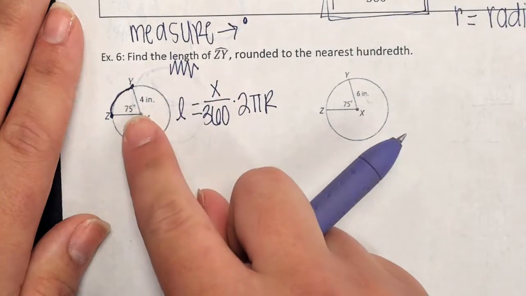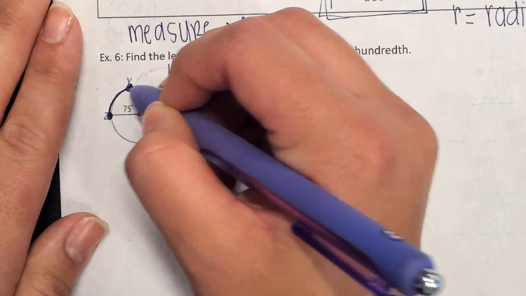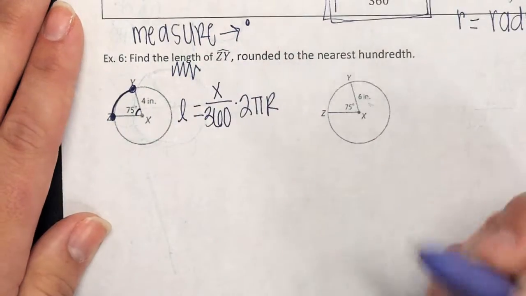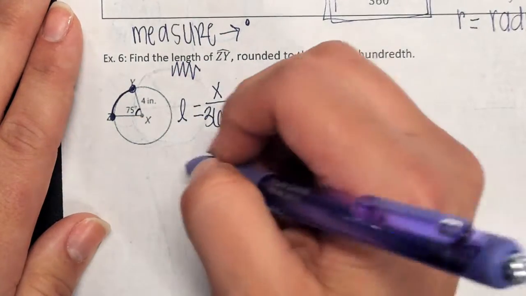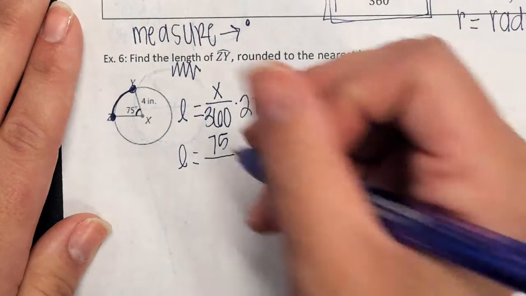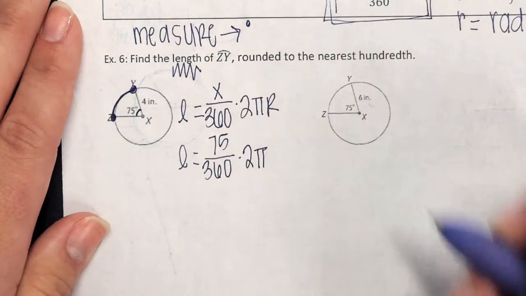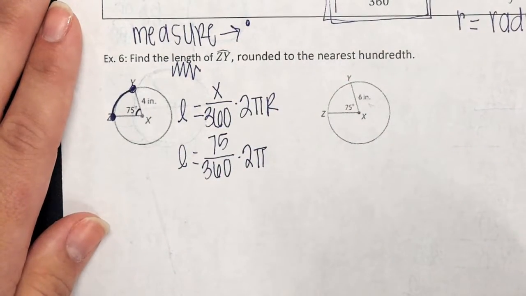X is the degree of this angle. So if we're finding the arc of ZY, I need to take the angle that's inside. So how many degrees are inside? So 75 takes the place of the X. 75 divided by 360 times 2 pi. What's your radius?